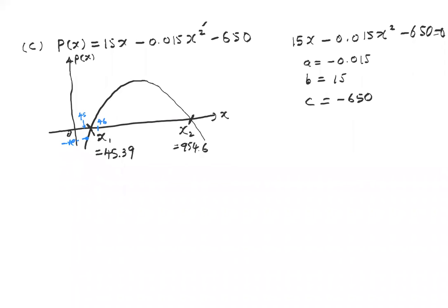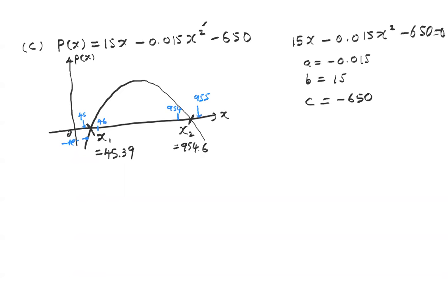And for 954.6, should I round up or round down? Look at the graph. Should I put 955 or 954? You ask yourself like that. Look at the graph and decide. For the lower one, we have to round up.